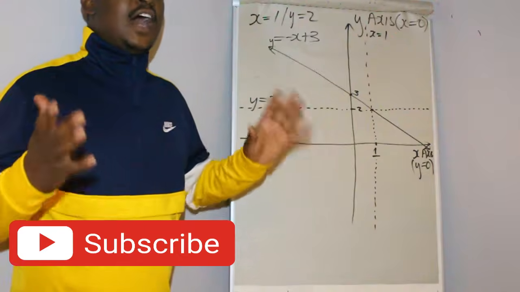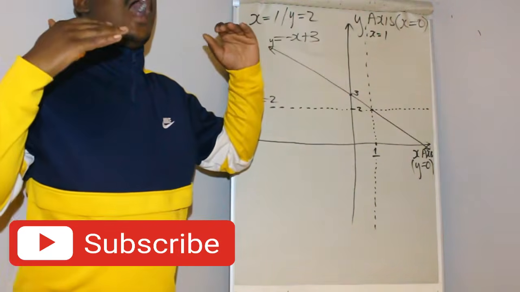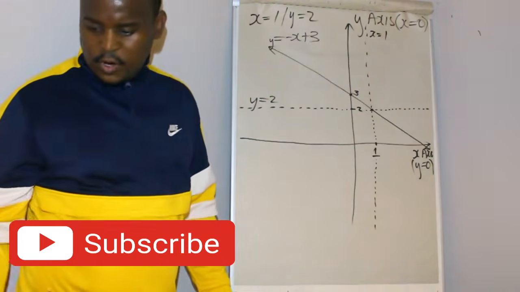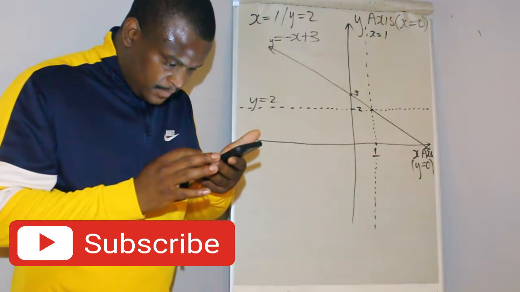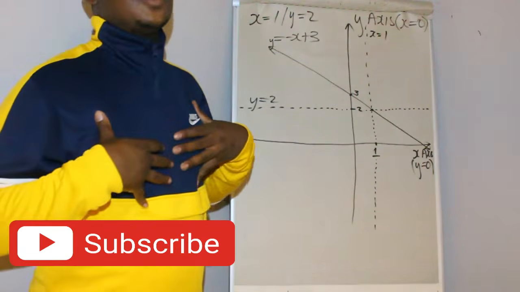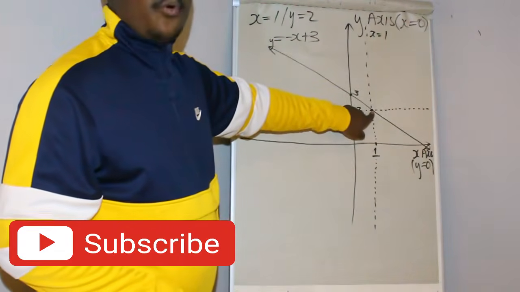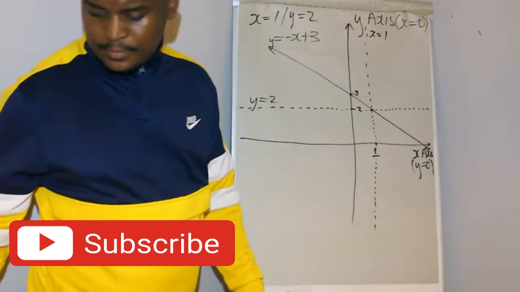But I just plotted it out because I wanted to explain further what I was talking about. Let me check it. No, they didn't ask for the axis of symmetry. I plotted it so that you can see it's a straight line that passes through that point, and it has a negative gradient, hence it's moving in that direction.